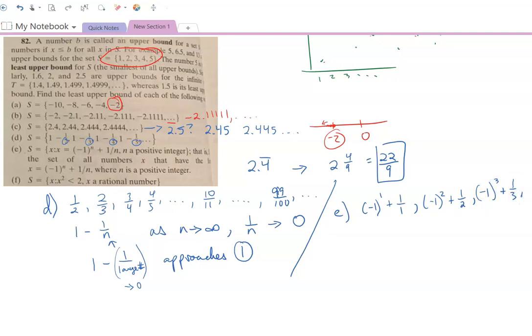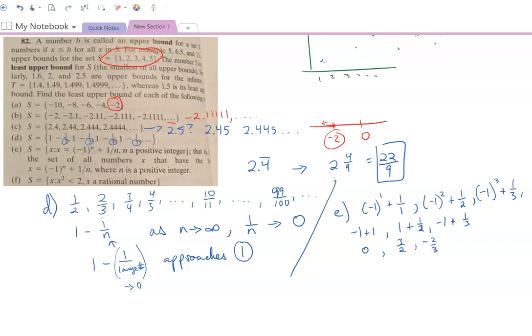Okay, let's see what these numbers are. So we have negative 1 plus 1 is 0. Okay, and then negative 1 squared is positive 1 plus 1/2 is 3/2, or 1.5. Negative 1 to the third is negative 1, so negative 1 plus 1/3, which is going to be negative 2/3.